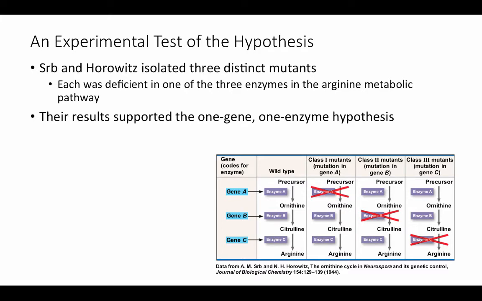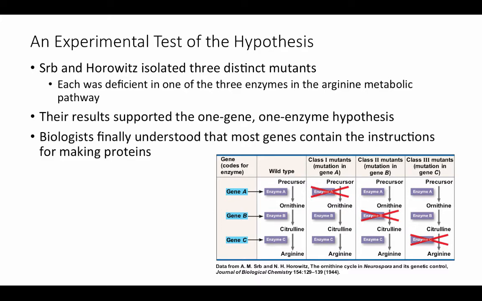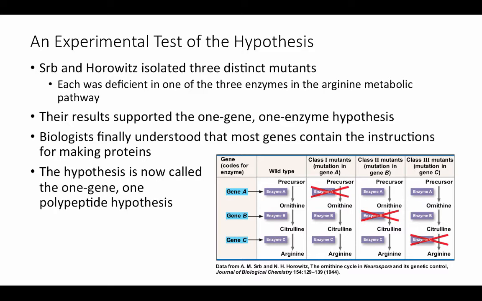So their results supported this one gene, one enzyme hypothesis, but biologists realized that not all proteins are enzymes, and they finally understood that most genes contain the instructions for making proteins, and so that became the one gene, one protein hypothesis. But then, of course, there are many functional proteins that are made up of separate individual polypeptide units.